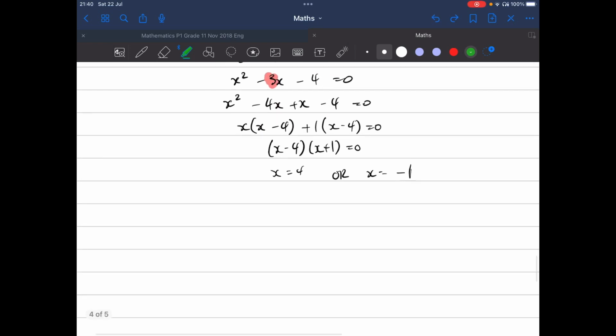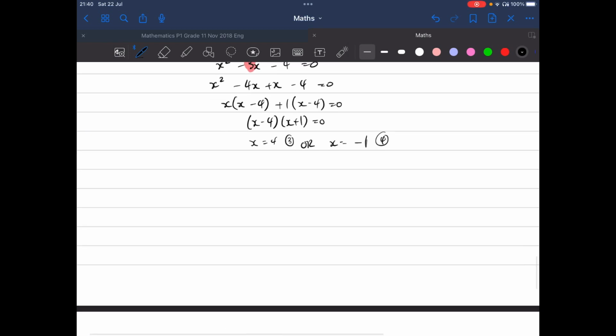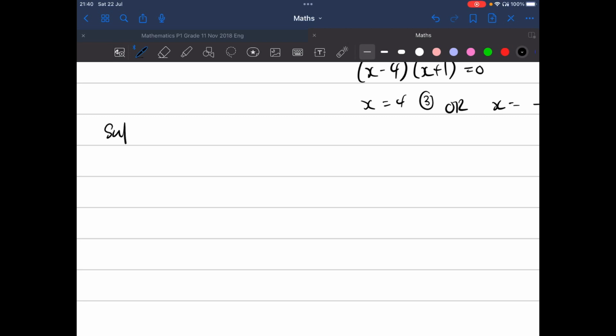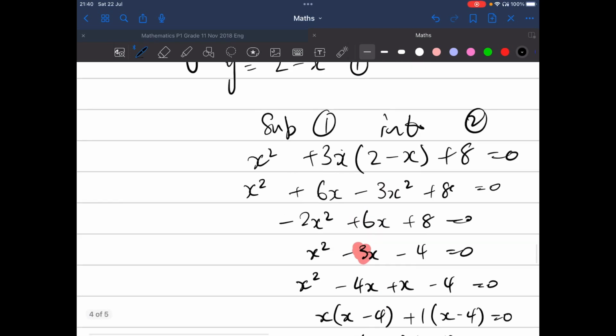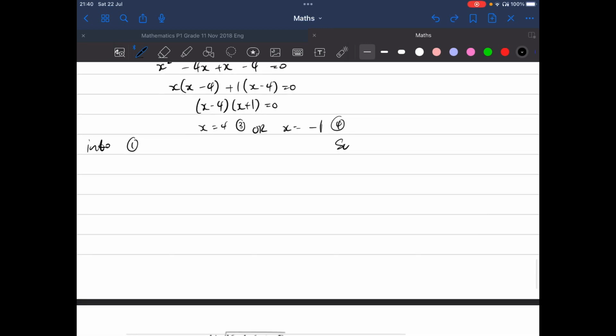Okay, but anyway, once you get your answers, now you can call this equation number 3, call this equation number 4. Okay, so sub equation 3 into equation 1, which was this equation here, and at the same time you can sub equation 4 into equation number 1.